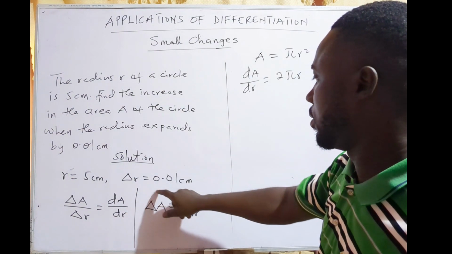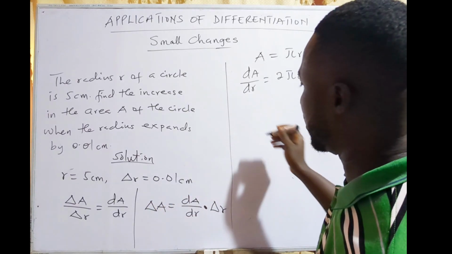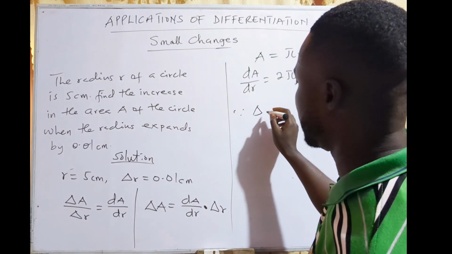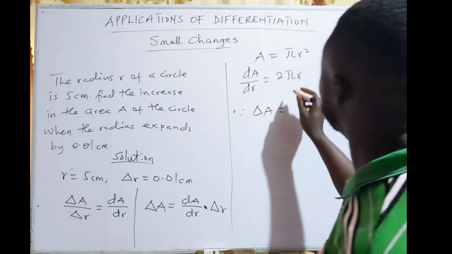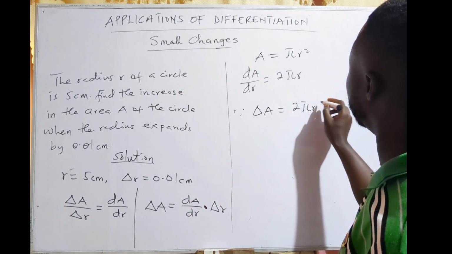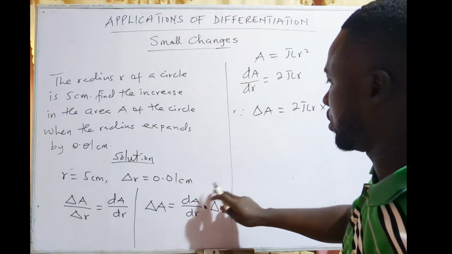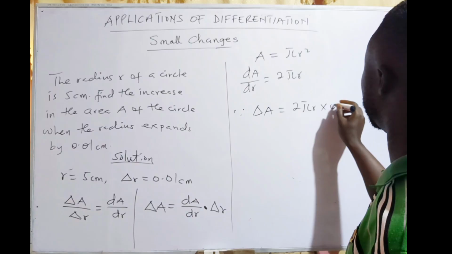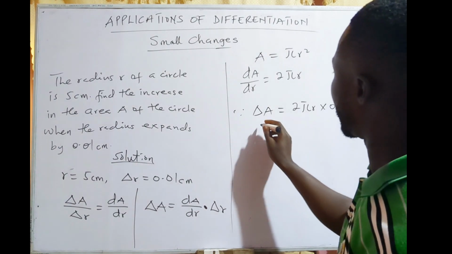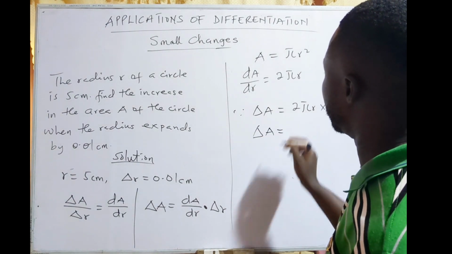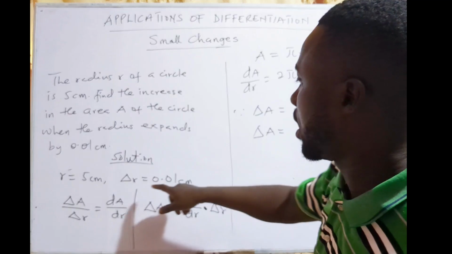And the change in the radius is 0.01. Therefore, the change in the area will be 2 pi r multiplied by the change in the radius, which is 0.01. We are given the radius as 5.